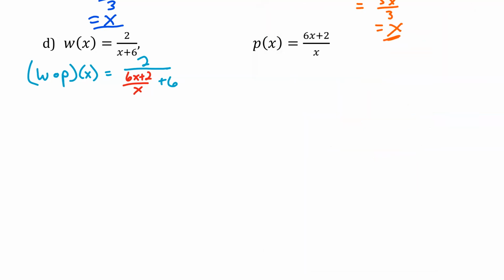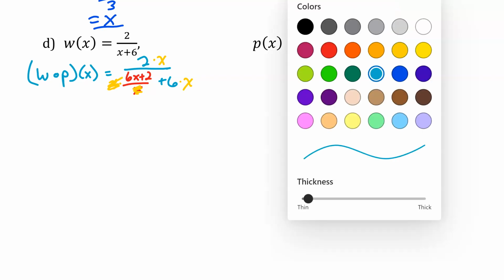Now I'm going to multiply every term by this x. So I'll multiply here by an x, by an x, and by an x. That way these will divide out.